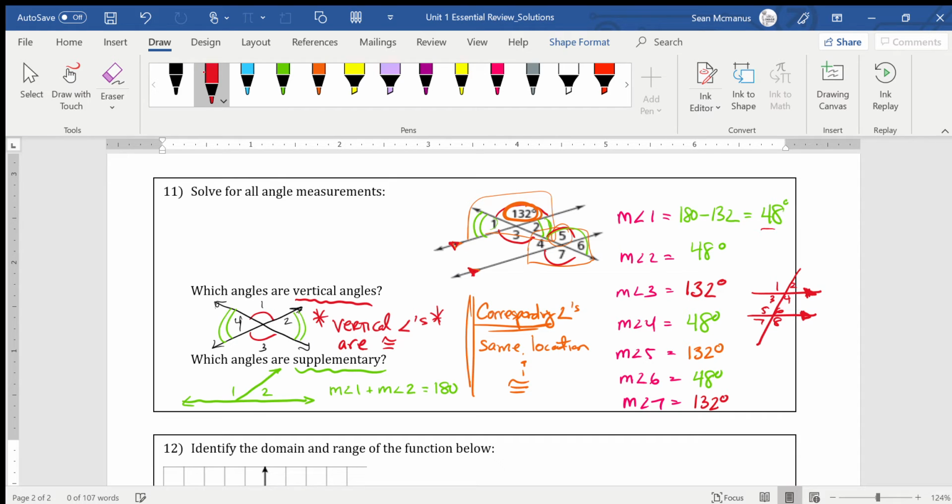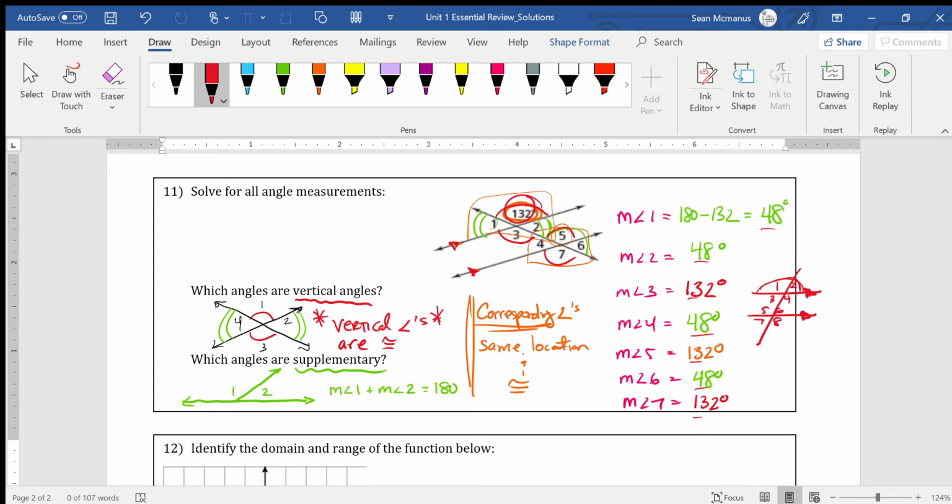Four of them are 132 degrees, and four of them are 48 degrees. The one that wasn't numbered is because it was given to me. So all the fat, obtuse ones are going to be equal measurements, and all the skinny, acute ones are going to be equal with each other. And one fat one and one acute one always equal 180.